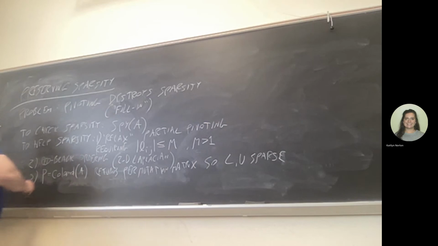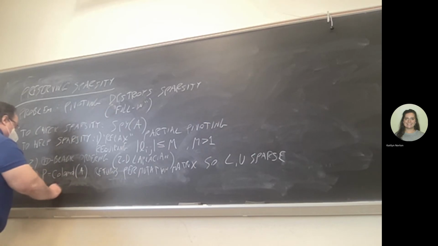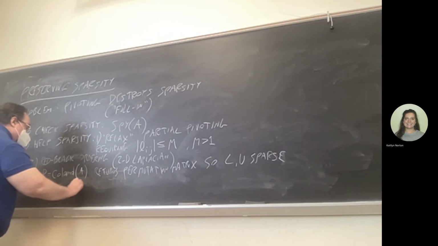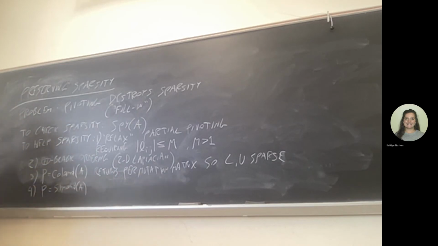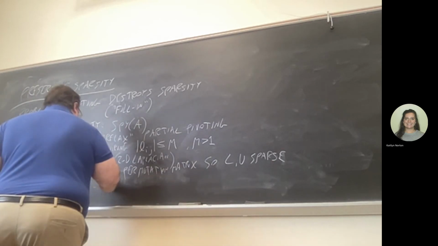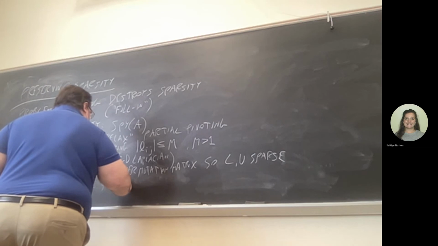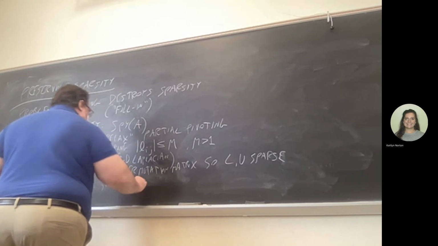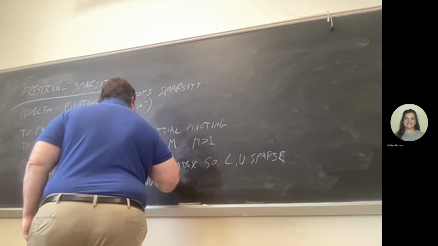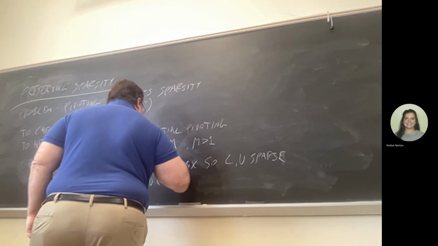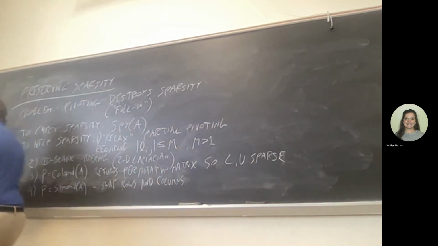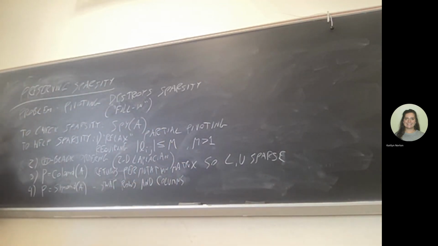And then there's a similar command for symmetric matrices, SYMAMD. If your matrix A is symmetric, then this will give a permutation that you have to apply to the rows and columns, because you shouldn't really do pivoting. You should not do just row interchanges on a symmetric matrix, because it'll wreck the symmetry.